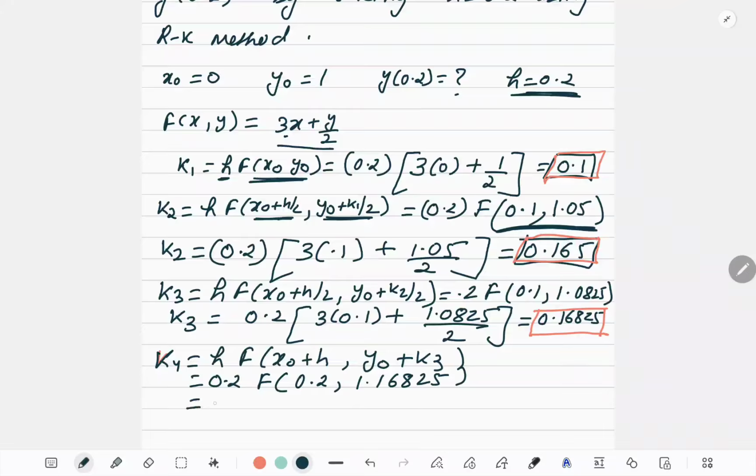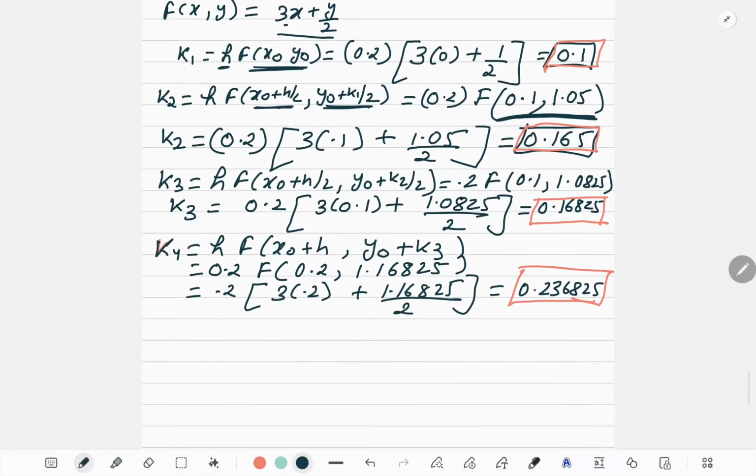So if I put the value, 0.2 times 3x plus 1.16825 y by 2. So this value will be equal to 0.236825. So this is the K4 value.